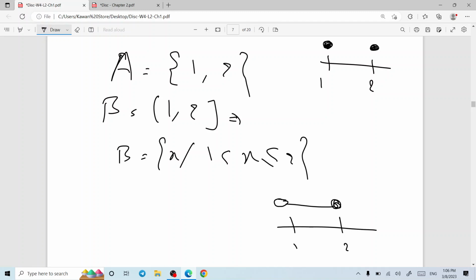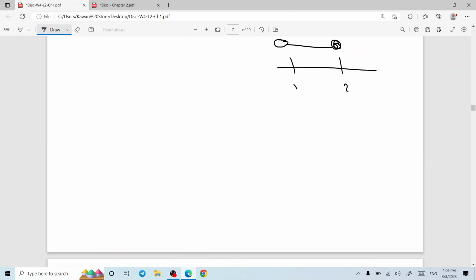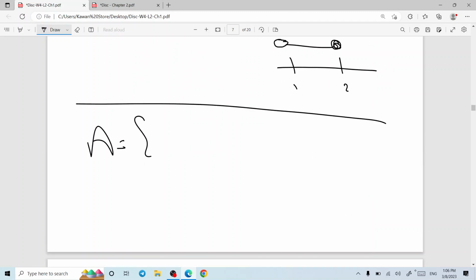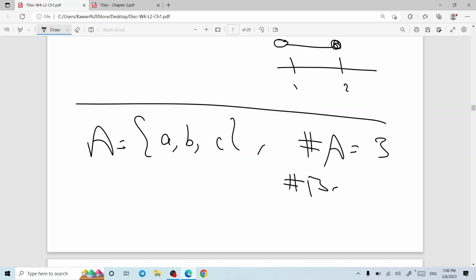Cardinality is the number of elements of a set. For example, if A equals a, b, c, and I ask you about the cardinality of A, later we will have the details, I say we have only 3 elements. If I ask you about the cardinality of B, I say you have infinite.